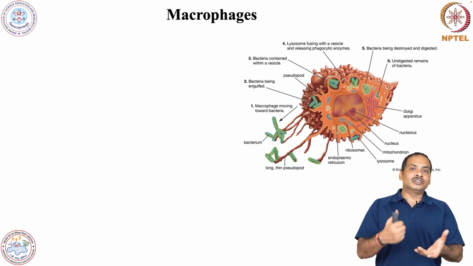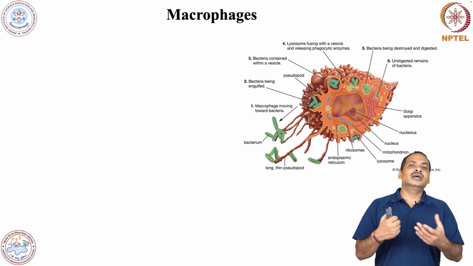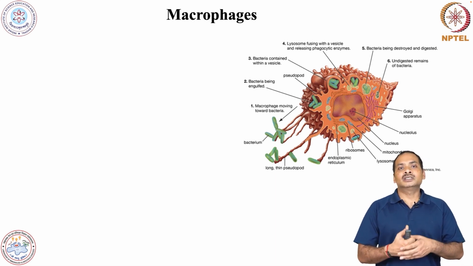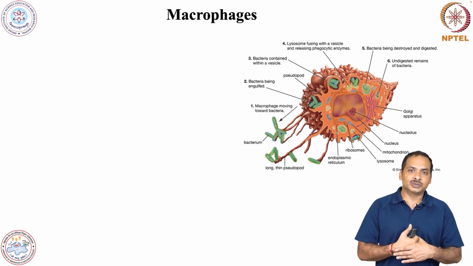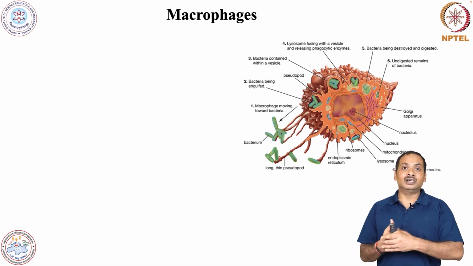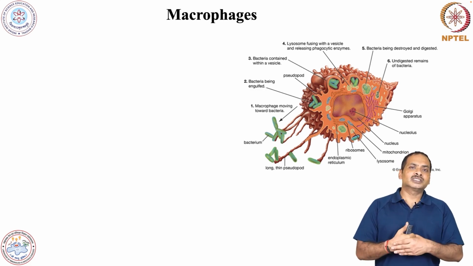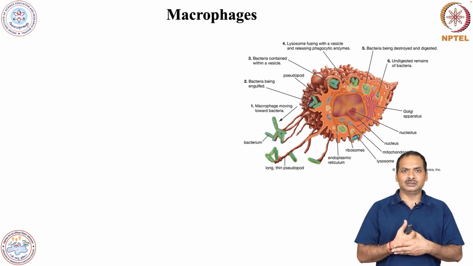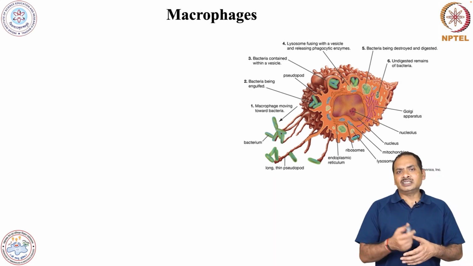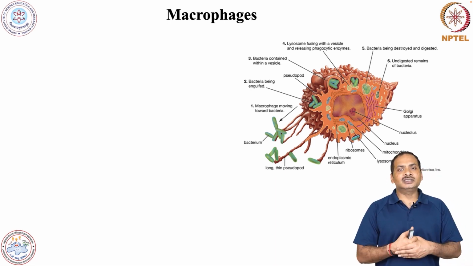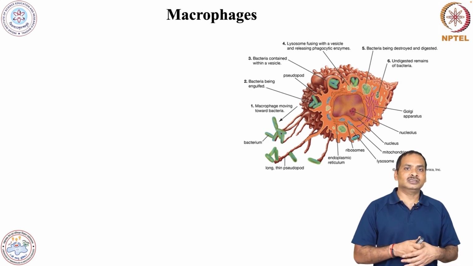These hydrolases break down the microbial pathogen, and this will further activate various kinds of immune response. It will present the antigen along with MHC class 2 molecule. It will also do various other responses, which I will discuss in a short while. Besides this, macrophages have other organelles as other cells have, so I am not going to talk about those things.